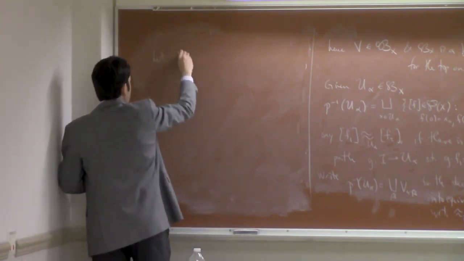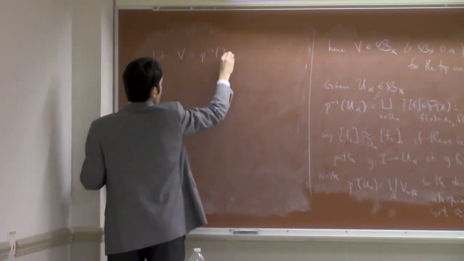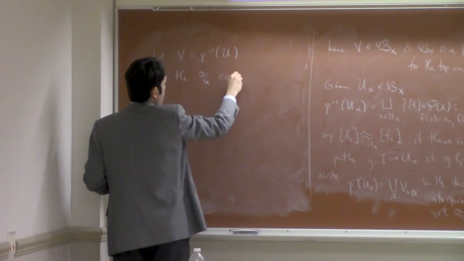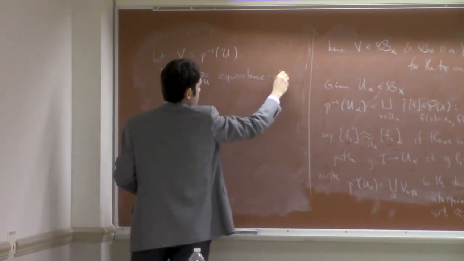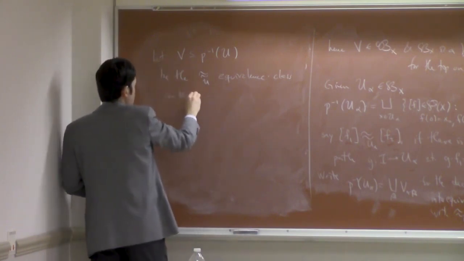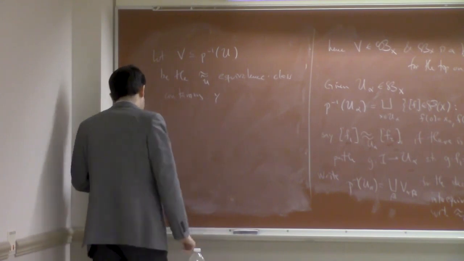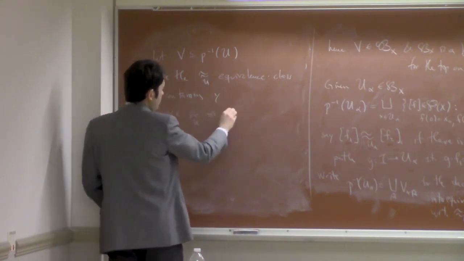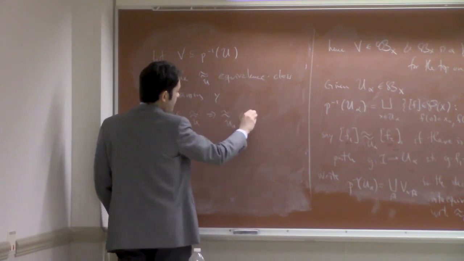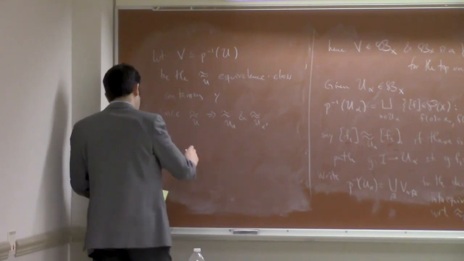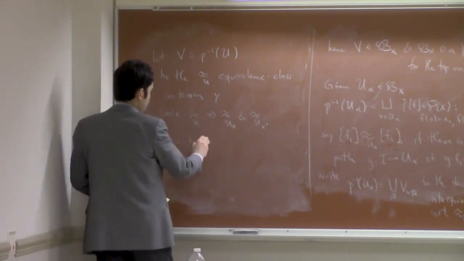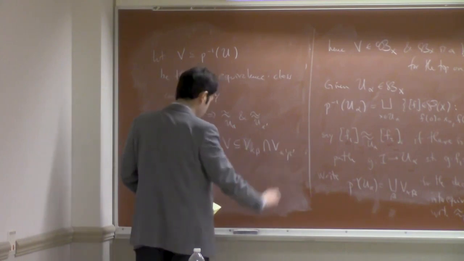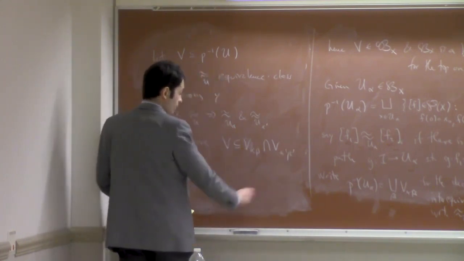So then let V in the inverse image of this basis element be the equivalence class containing Y. Then, since equivalence in U implies equivalence in U alpha and equivalence in U alpha prime, we have that V sits inside V alpha beta intersect V alpha prime beta prime, as required.